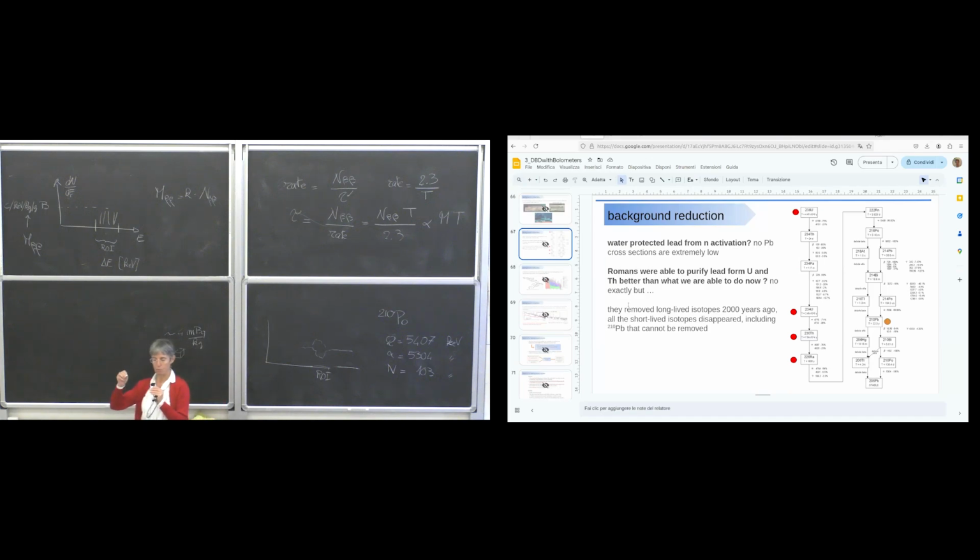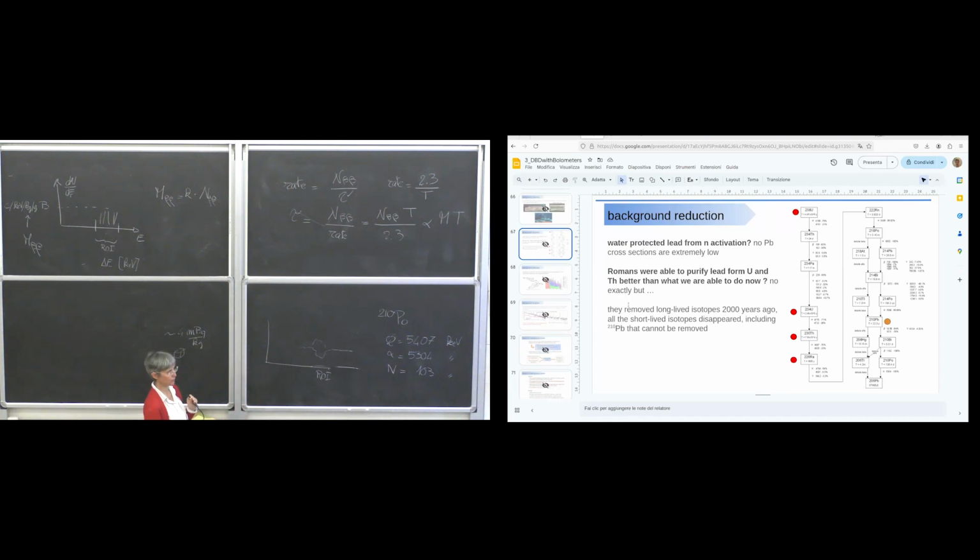The electronics is always made with highly radioactive material, and so you need to shield the detector. The best is to have a very thin foil of lead, but you do not want to use a normal lead.